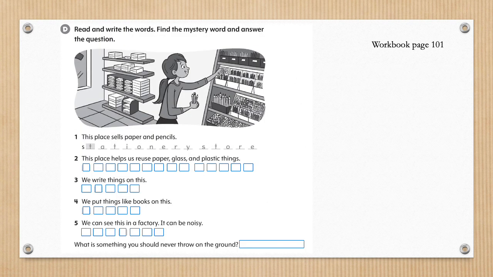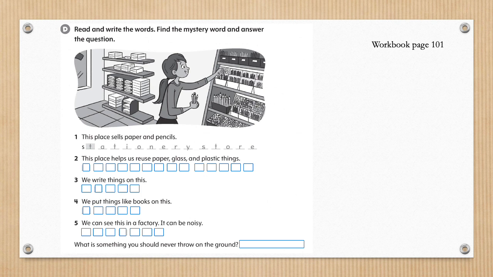And lastly, students, once we have finished activity C, we will do activity D. This is on page 101 of your workbook. Okay, so in activity D, we will read and write the words, find the mystery word, and answer the question.